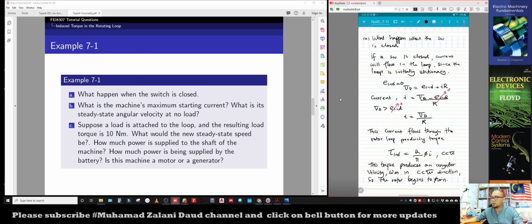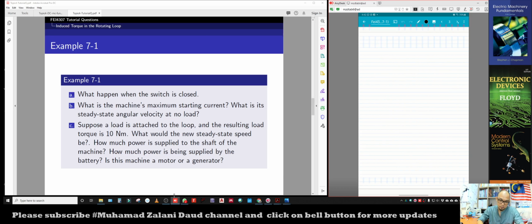Then once the rotor turns, revolves, what happens next?